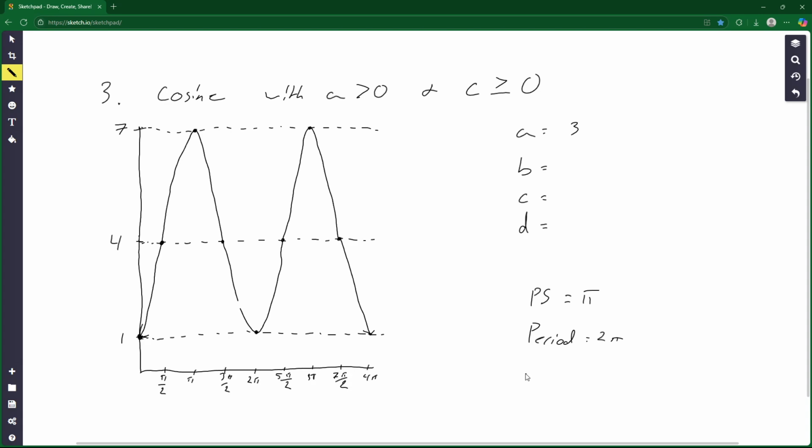We have a vertical shift of, let's see, vertical shift would start at 1, with an amplitude of 3. So yeah, we would have a vertical shift of 4.